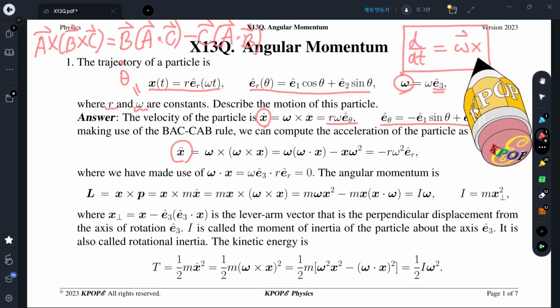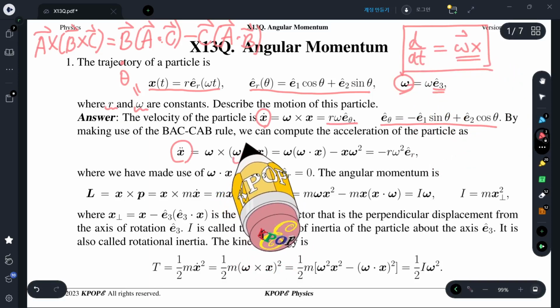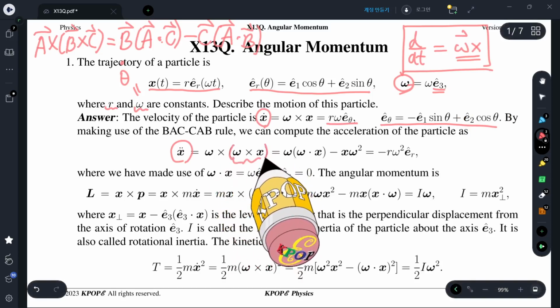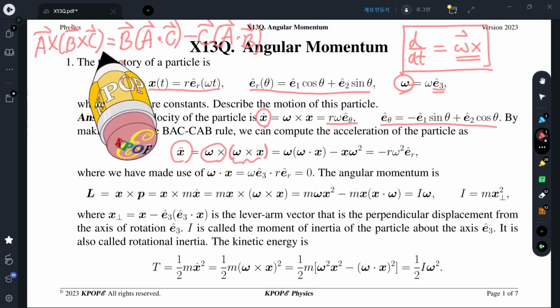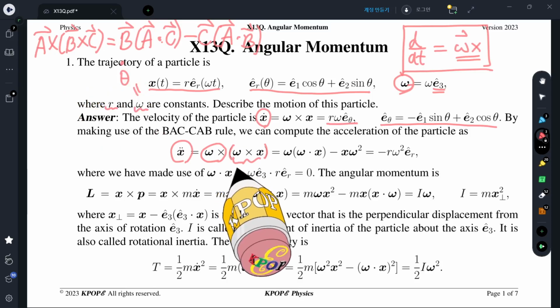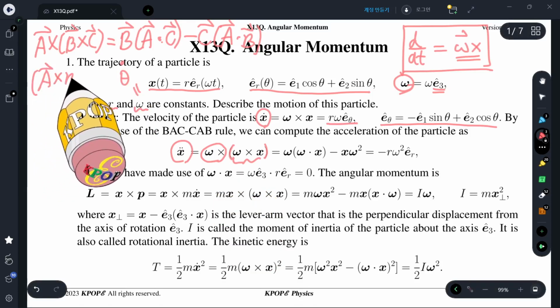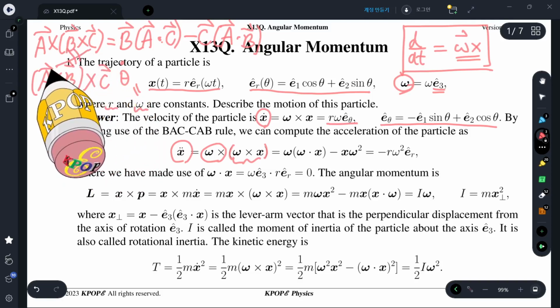I apply this operator twice. First I apply omega cross to x, and then I apply omega cross one more time. So we can make use of A cross B cross C, the BAC-CAB rule. Be careful, this is different from this. This is not equal to this.